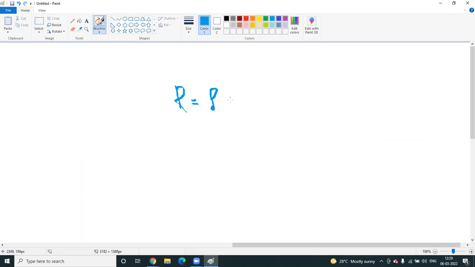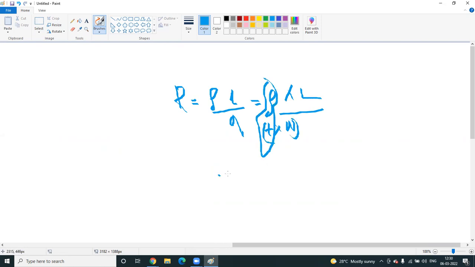So R is equal to rho L by A. This formula they ask every time. Rho times length over area, meaning width into thickness. And this rho by T is called sheet resistance, Rsh.